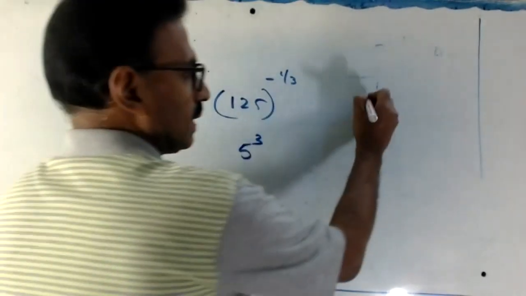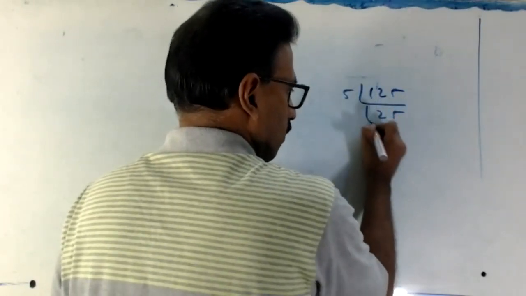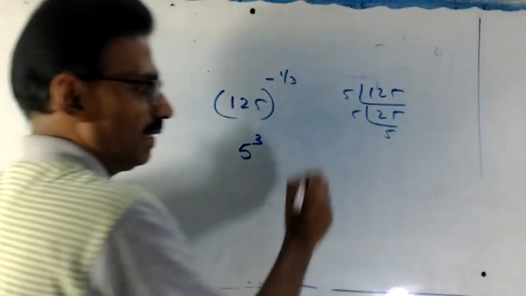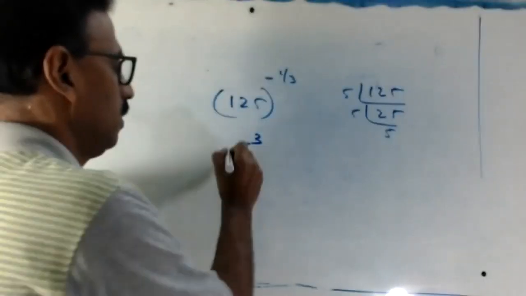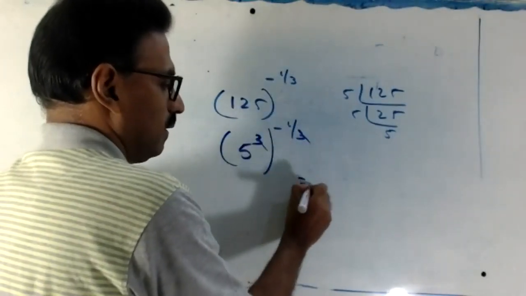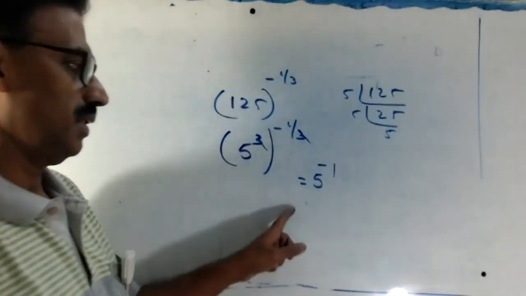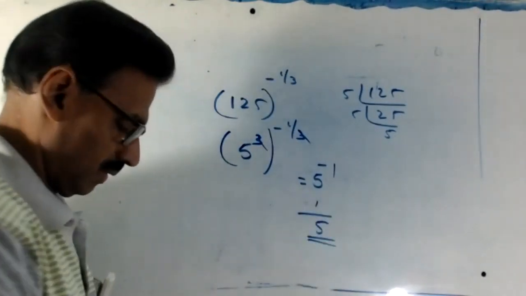If not getting, you can check that. 125, 5, 25, 5, 5. Because we did all these questions. So directly you can write 5 cube whole raised to minus 1 by 3. 3 cancel. This is 5 raised to minus 1. This is not a final answer. So 1 by 5. Okay, clear now?